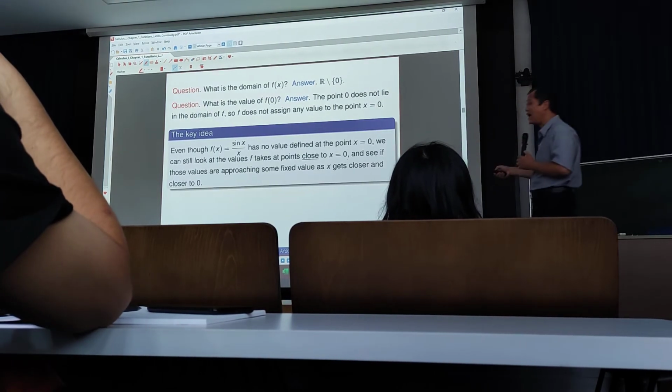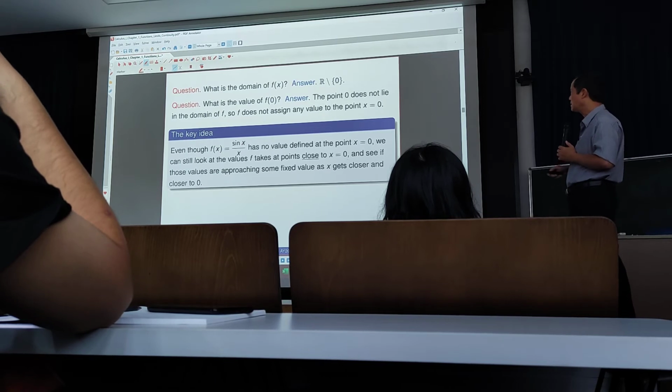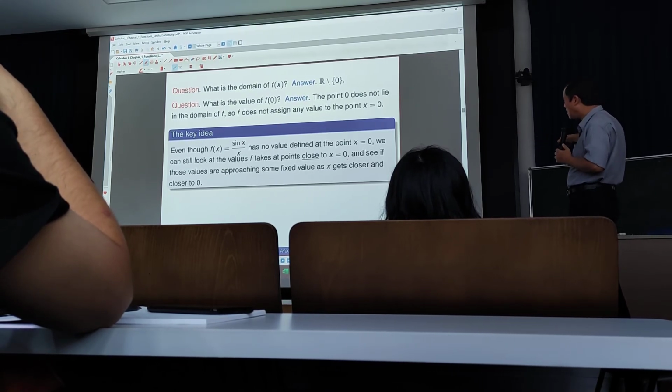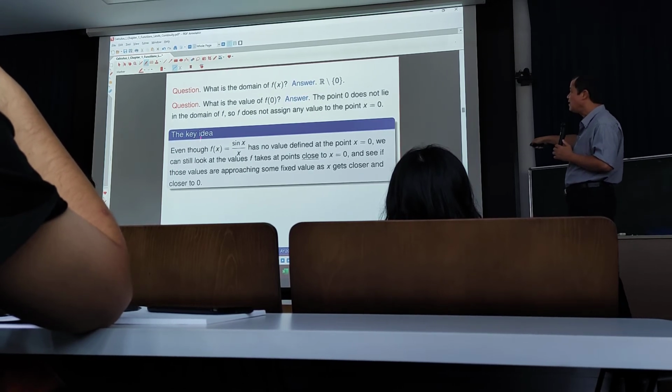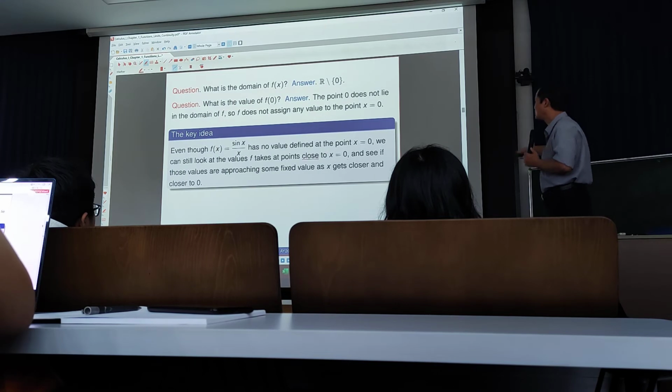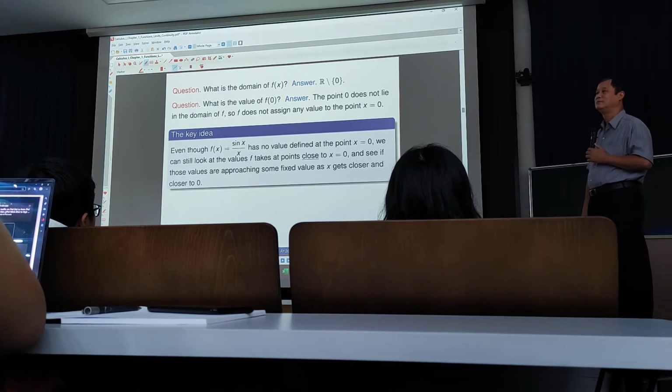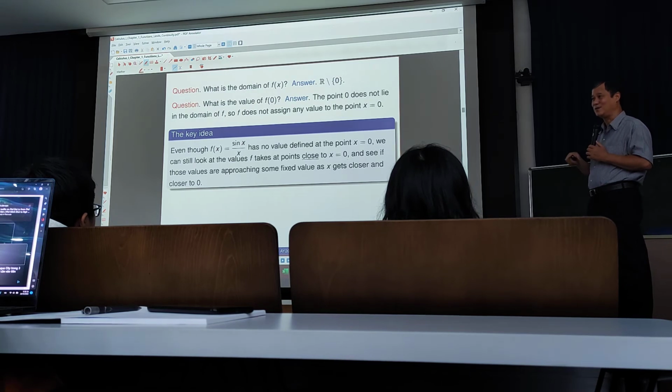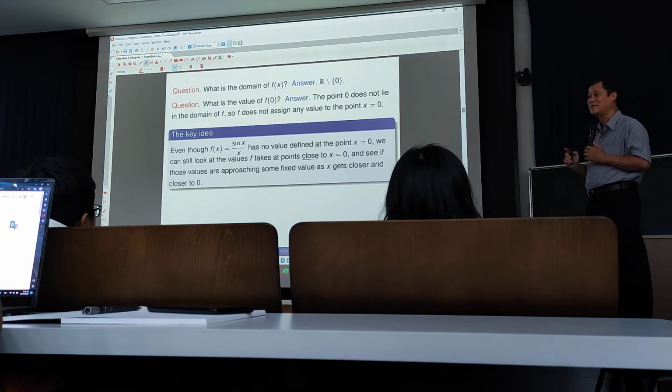So, the key idea of the limit is, although this function is not defined at x equal to 0, we can still look at the values close to 0 and think about f at 0 in such a sense.